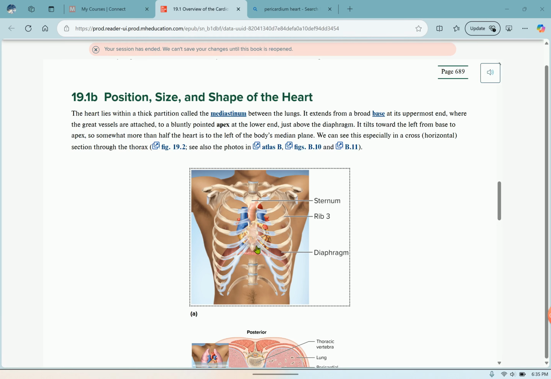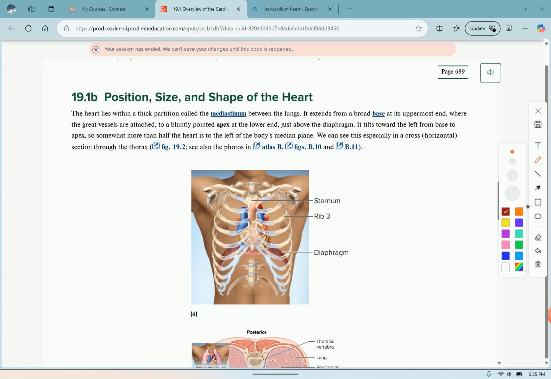If you look closely, there is an apex to the heart, and that apex is right there, and that always points down and to the left. So when you take an x-ray and you see the heart shadow, that's one way you know right versus left, because the apex of the heart always points down and to the left.